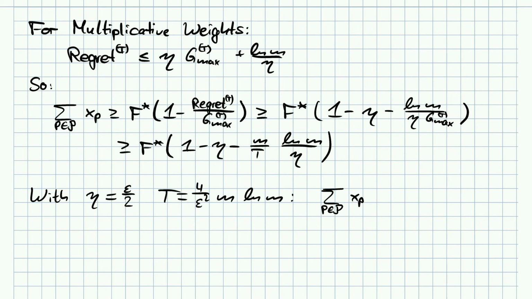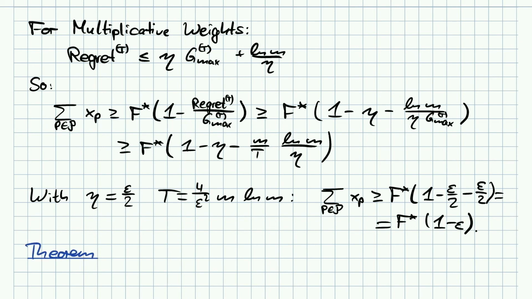This will be epsilon over 2, so we'll get that this is f star times 1 minus epsilon over 2 minus, and then see what you're getting here. T times eta, how big is this? This is epsilon over 2 over epsilon times m times ln m. And if you now do the math, you'll see that this is also epsilon over 2. So this is nothing but f star times 1 minus epsilon. Cool.